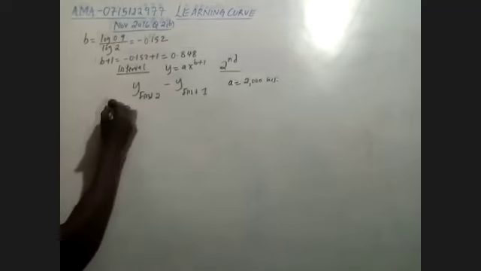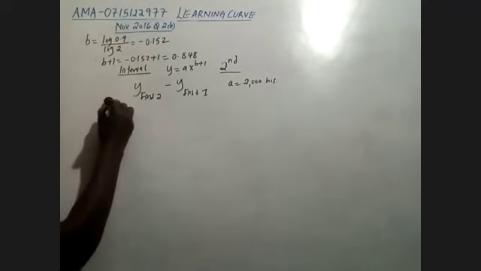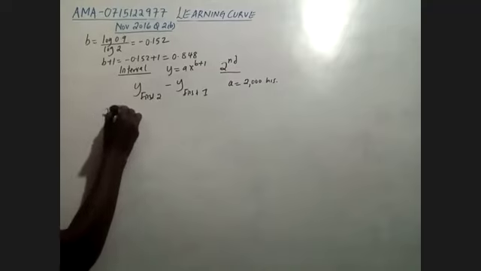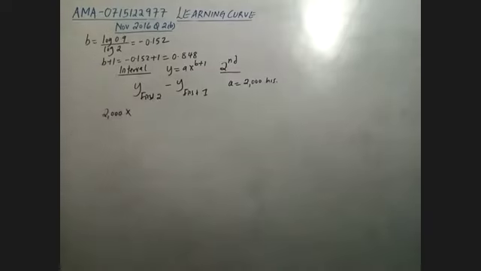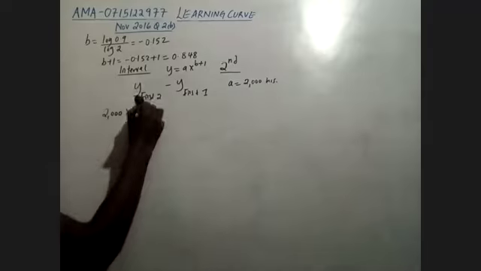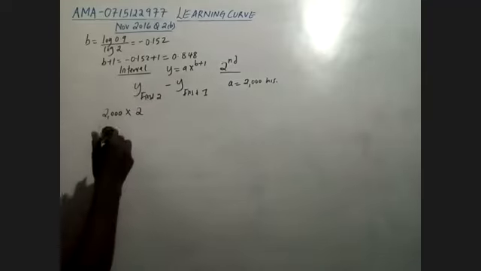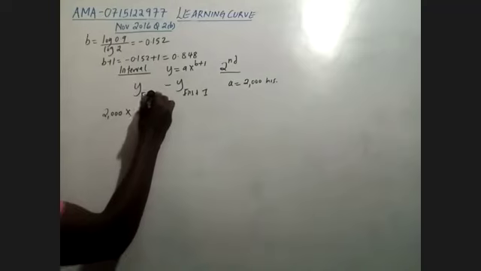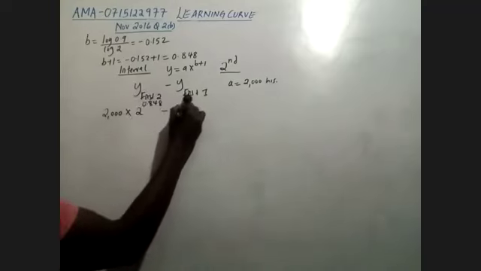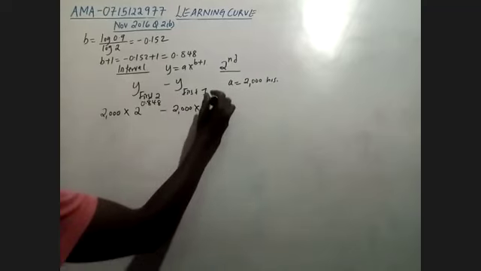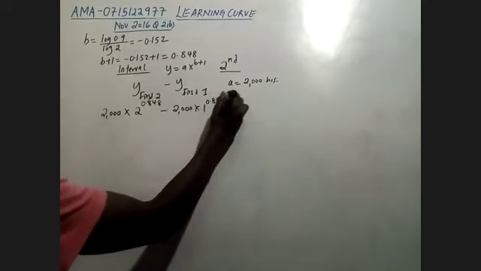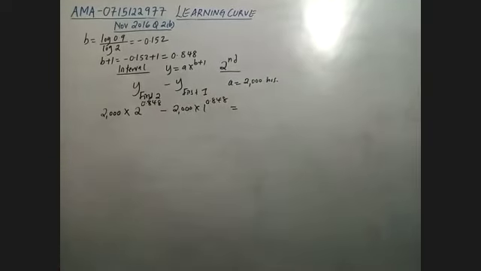Now let us look. It will be the first unit, 2,000, times 2 to the power b plus 1, 0.848, minus 2,000 times 1 to the power 0.848. Yes, negative 0.152.